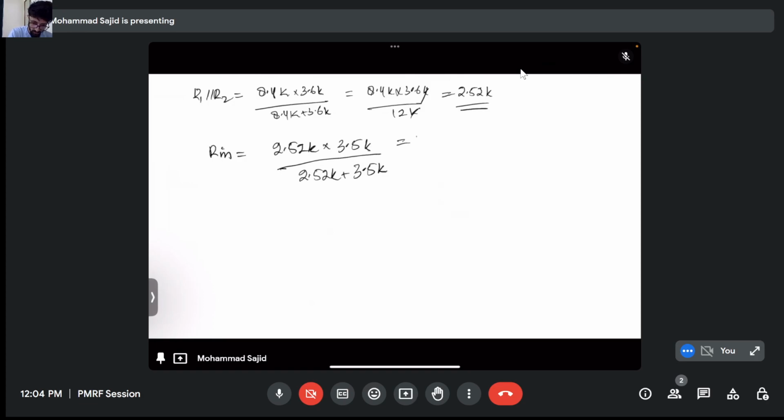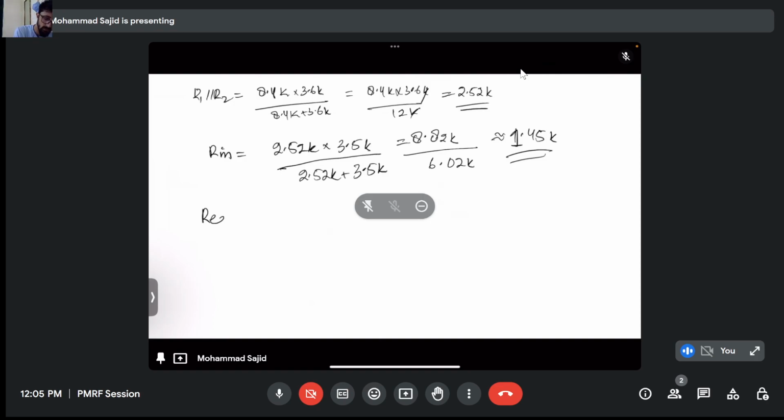This is 8.82K divided by 6.02K. It comes out to be 8.82 divided by 6.02, which is approximately 1.45K. Okay, so this is Rin.